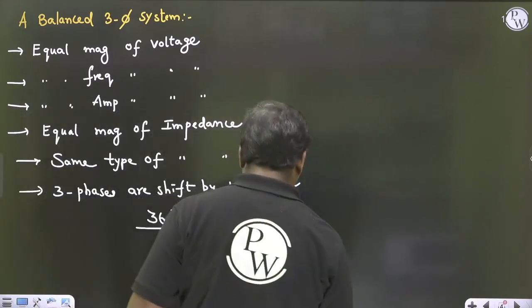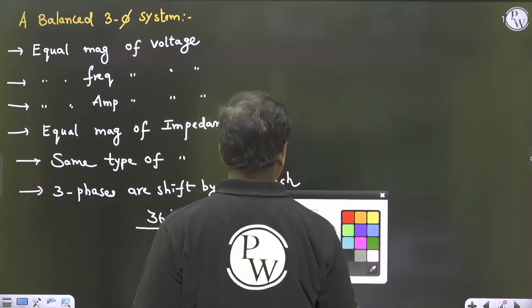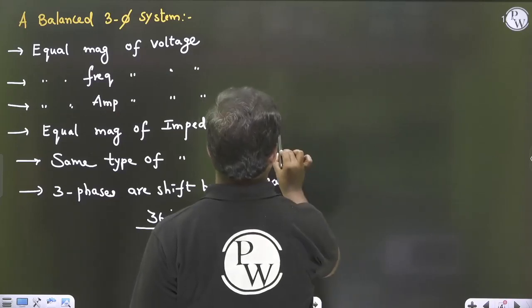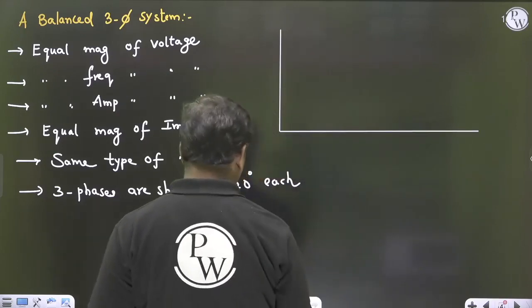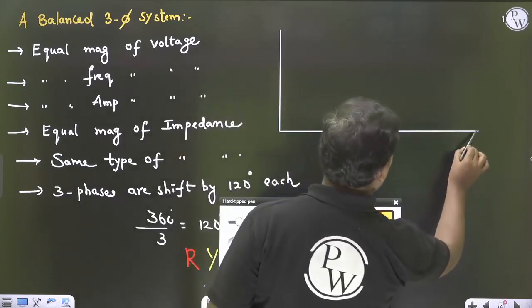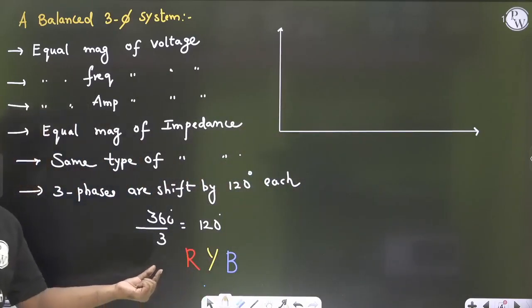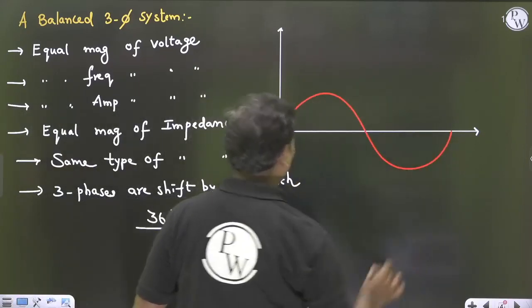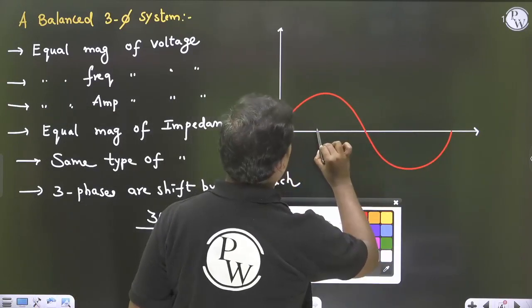So if I want to show you in the form of waves, this is our graph. So first example, if you take the red waveform, next the Y waveform is having a phase lag of 120 degrees.